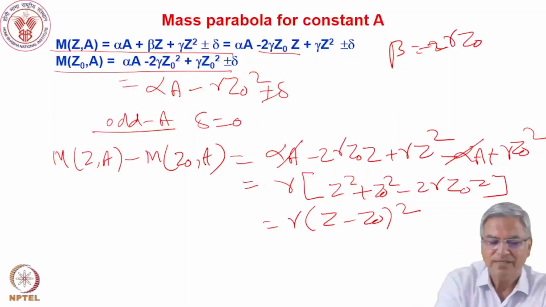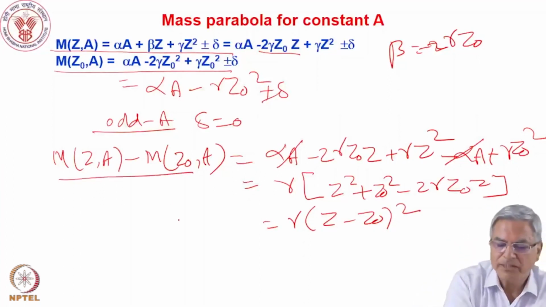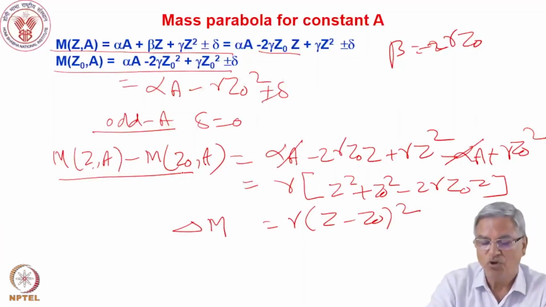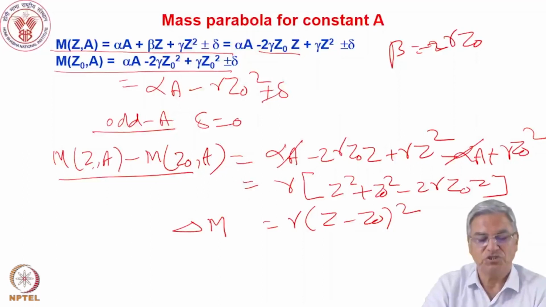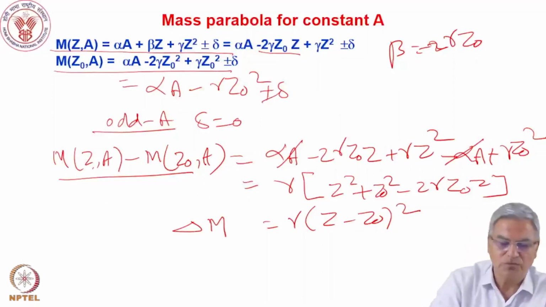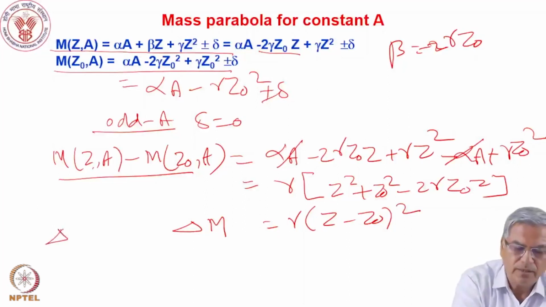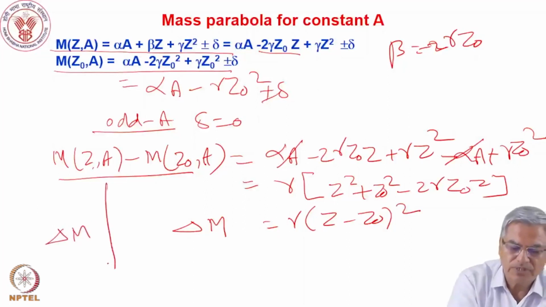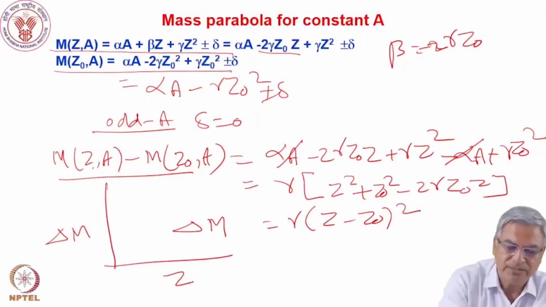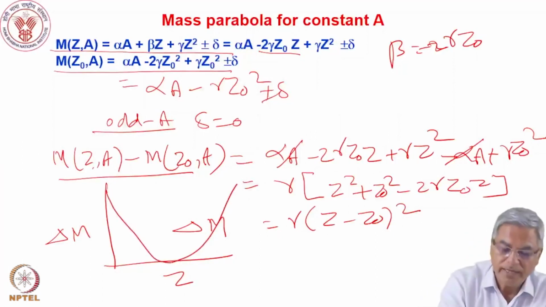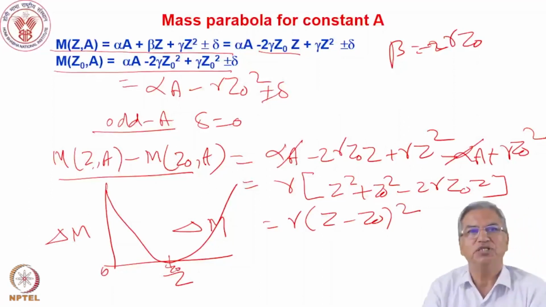Now you see here that delta M, the mass difference between any isobar and the most stable isobar, follows a parabolic relationship. If you plot delta M versus Z, we get a parabola where the minimum corresponds to Z0.